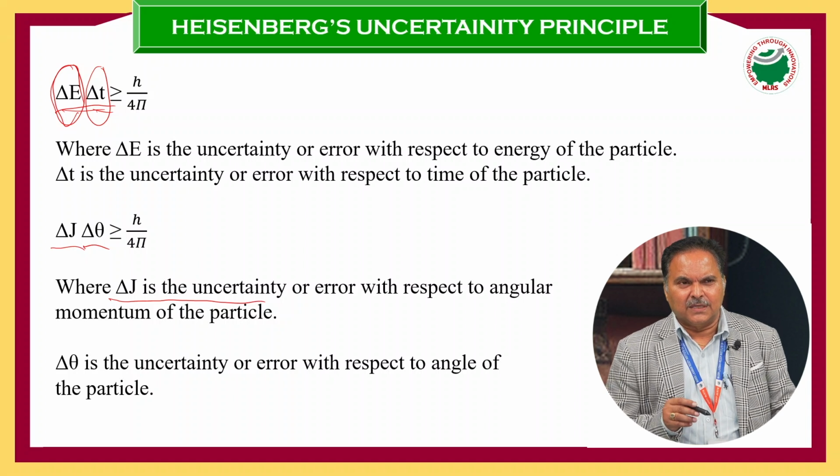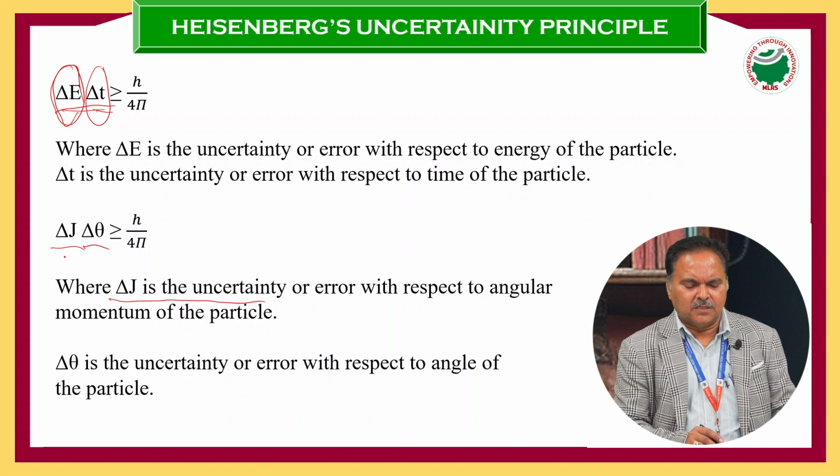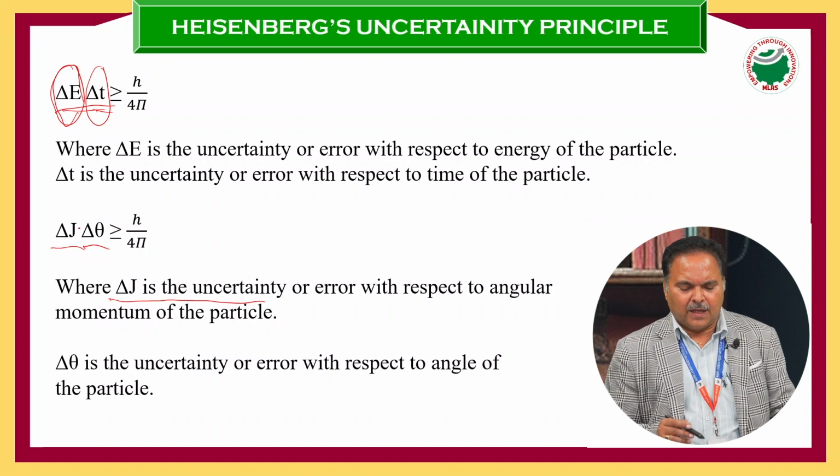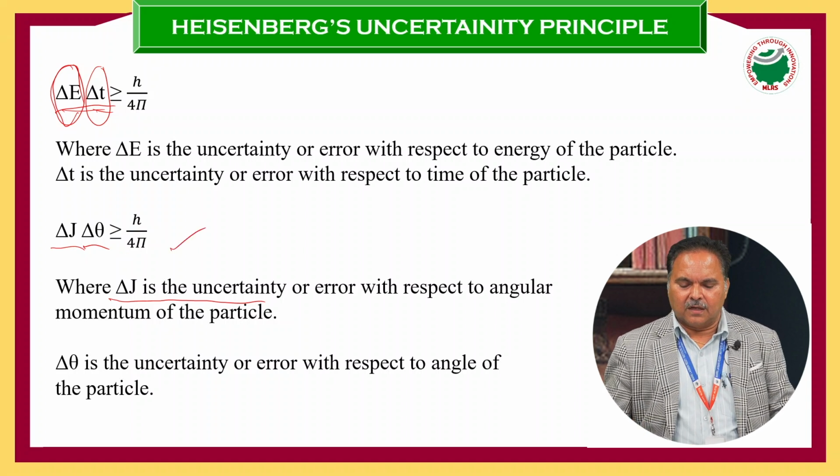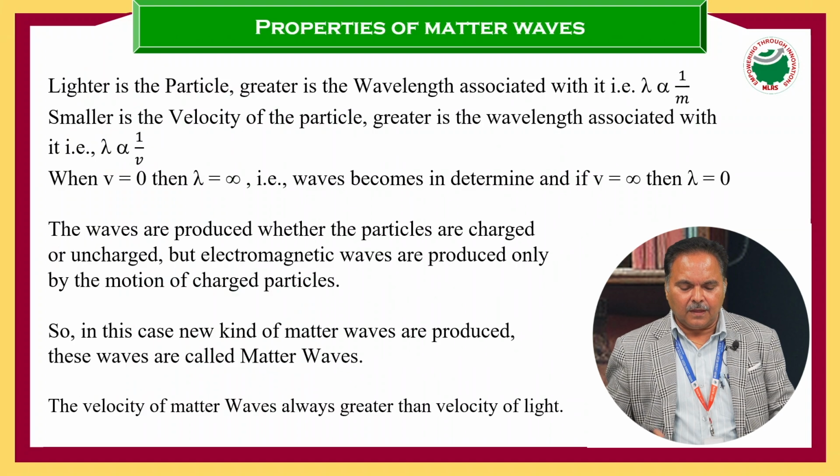Similarly, if you measure the exact theta value, then there is a possibility of error in delta J. So these two are error parameters, that is uncertainties, in angular momentum as well as angle. This product is also greater than or equal to h by 4 pi. So that is the Heisenberg uncertainty principle.